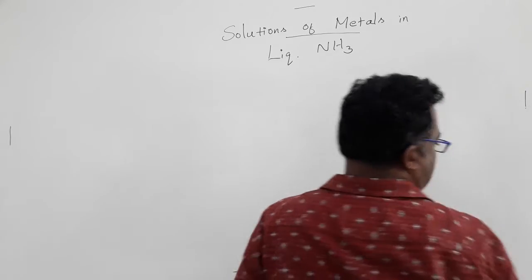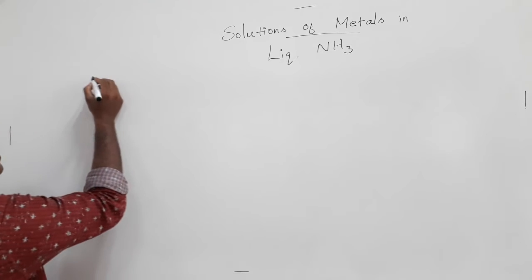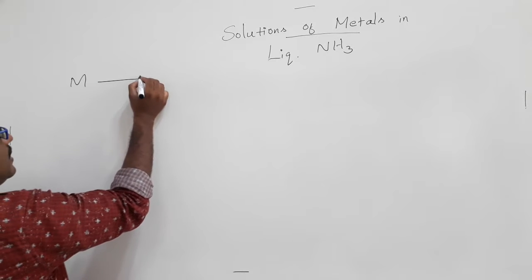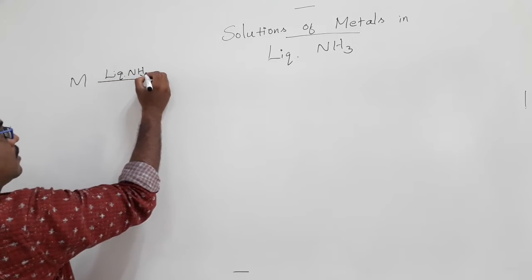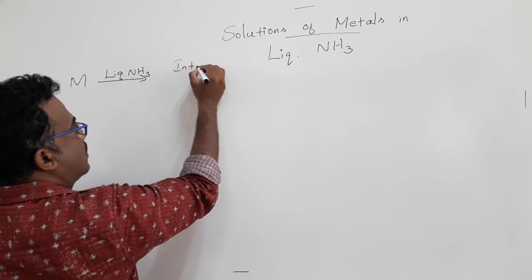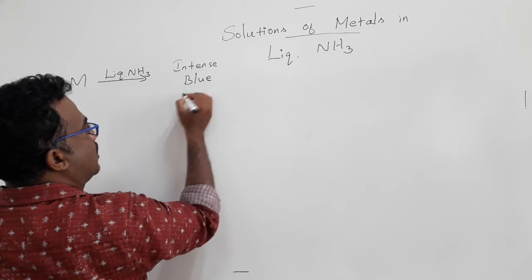Now let me come to the important features of reacting metal with liquid ammonia. Just take metal, treat with liquid ammonia. First of all, you will get an intense blue color solution.